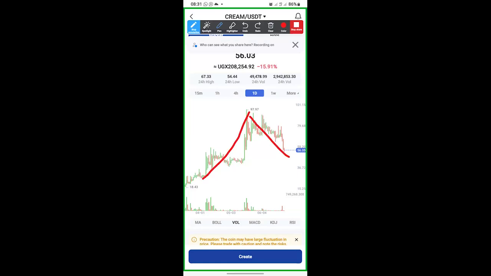Now a downward trend. So what does that give you in mind? That this coin is in a downward trend, and don't be fooled just because it is at negative 15 that it has stopped falling. No, it can still fall further.